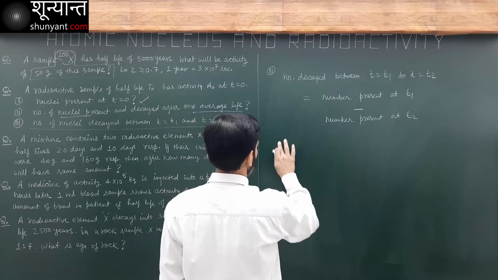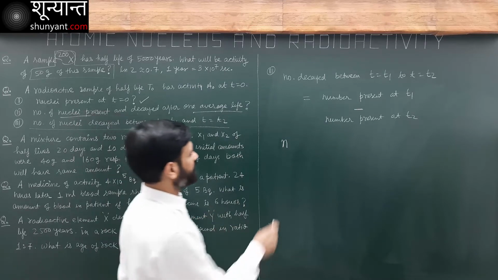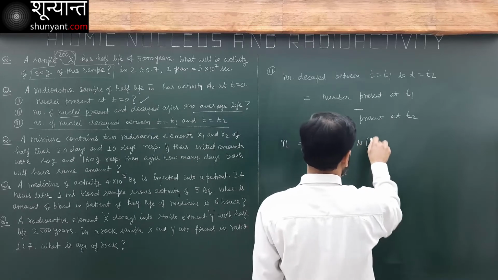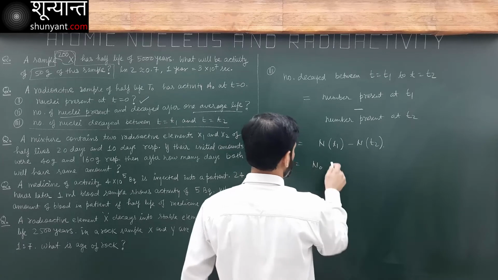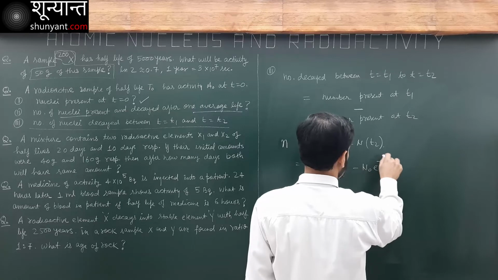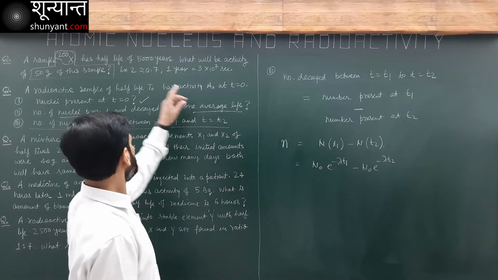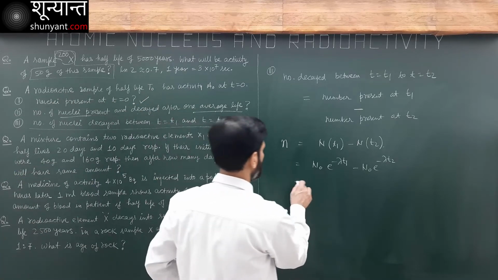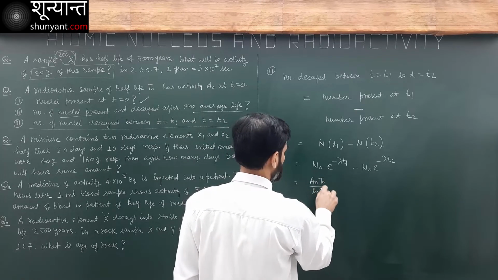Let me write it as a small n, just to avoid confusion. This will be equal to number present at t1 minus number present at t2. So this will be N naught e to the minus lambda t1 minus N naught e to the minus lambda t2. I already know lambda and N naught. N naught was A naught t naught over ln2.